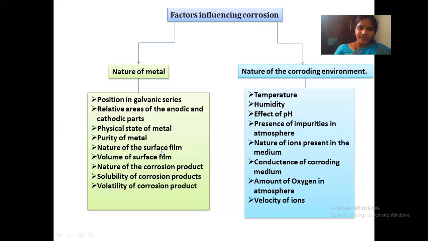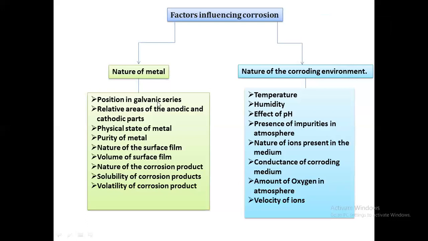Nature of the surface film. This means that once a metal is exposed to the environment and a corrosion product is formed on the metal surface, that corrosion product layer can act as a protective layer or a non-protective layer.